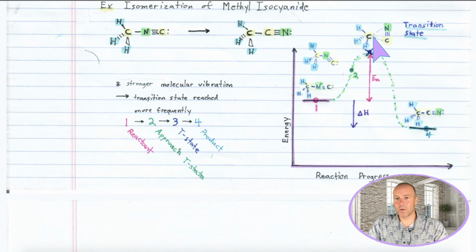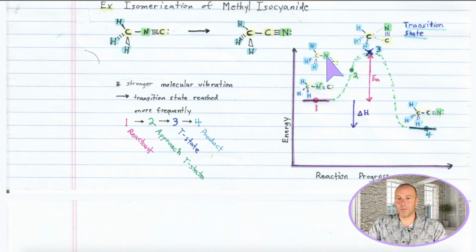It's kind of like where the bonds have been broken to a certain extent, so the carbon-nitrogen bond has been broken. Then you have this new bond forming to a certain extent. So it might look like that. It probably does. And to get from the reactant to the transition state, this is like the tipping point, requires the activation energy.